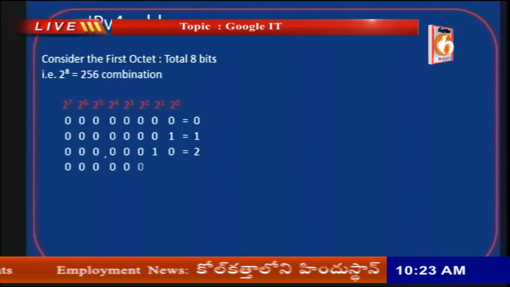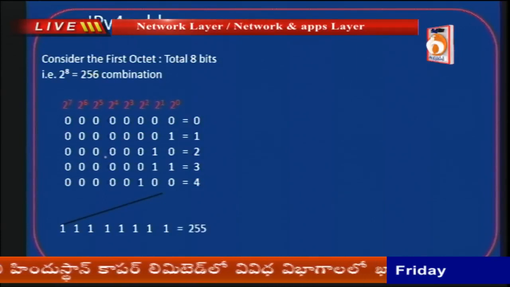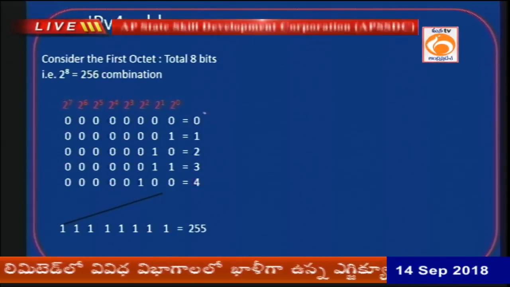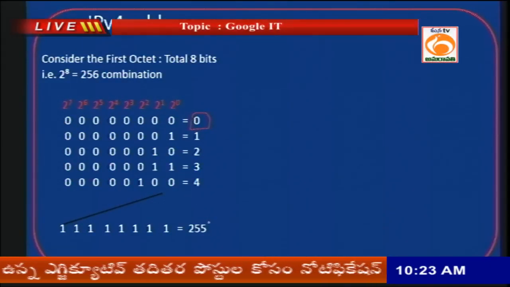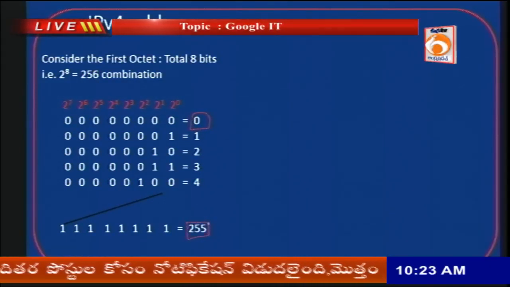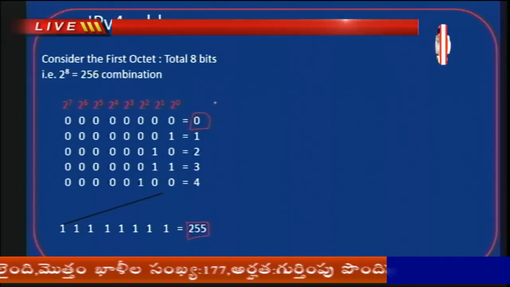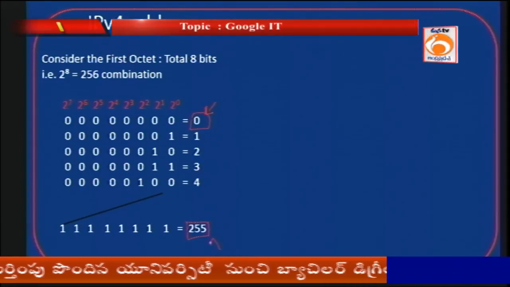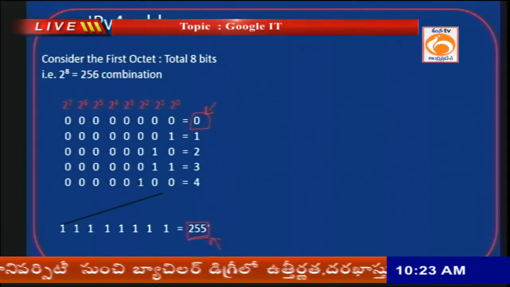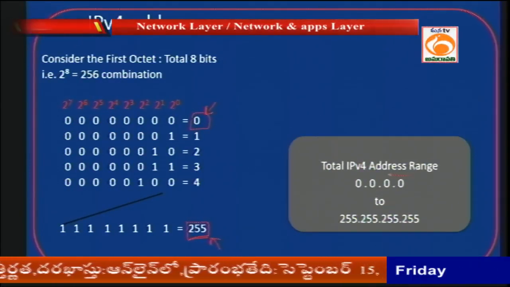So this is the range that we just mentioned. The minimum value for every octet is 0. You can see here, when all the bits are 0, the value is 0, and when all the 8-bit values are 1, it is 255. So by substituting the value 0 in all the 4 octets and the value 255 in all the 4 octets, we get the total range of IPv4 addresses.